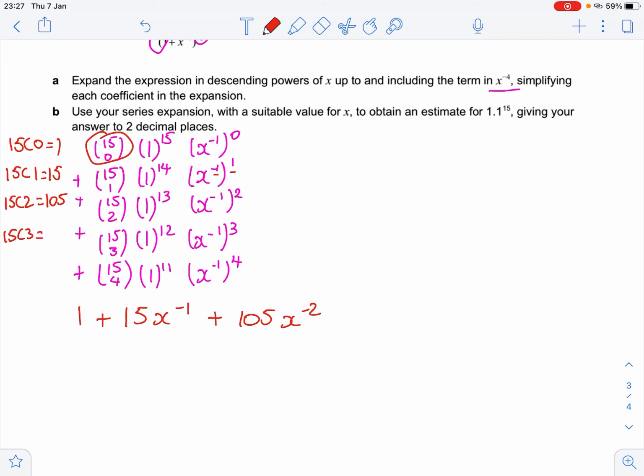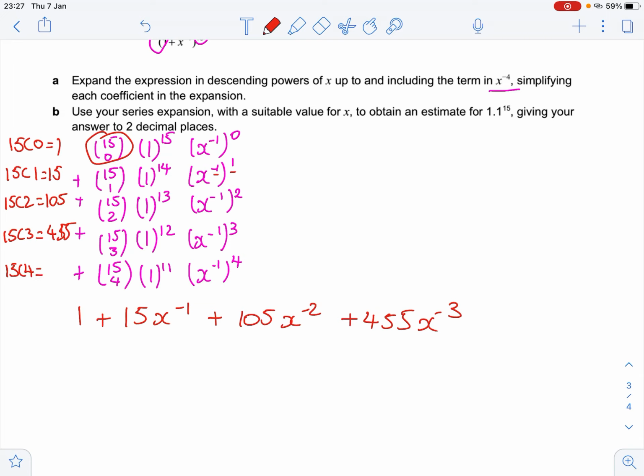Next part, 15C3 is equals to 455 times by 1 to the power of 12, then we get plus 455x to the power of minus 3, because our index is minus 1 times 3, which is minus 3.